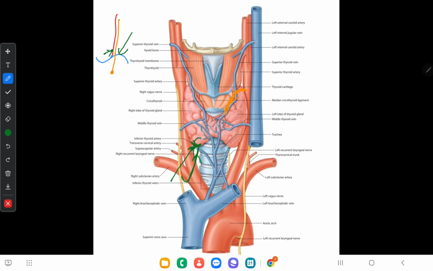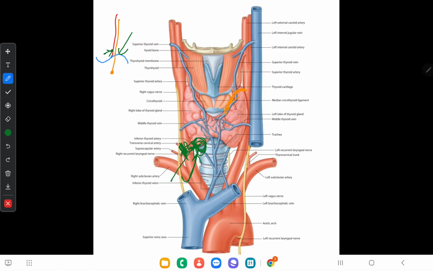Then what happens if we ligate the artery here? Then you will ligate the recurrent laryngeal nerve as well along with the artery. So you have to ligate the inferior thyroid artery a little bit distant to this lobe, at about this area, when doing a thyroidectomy.